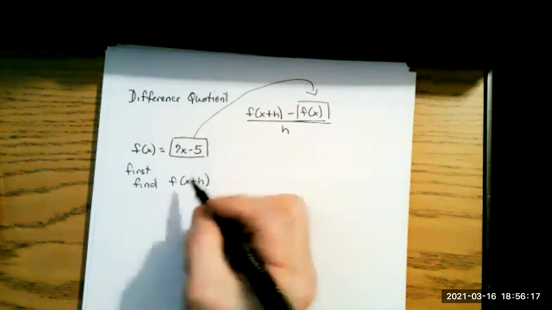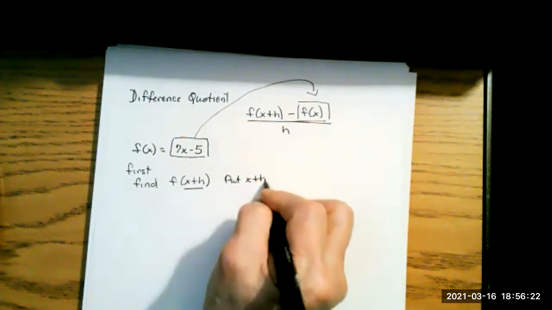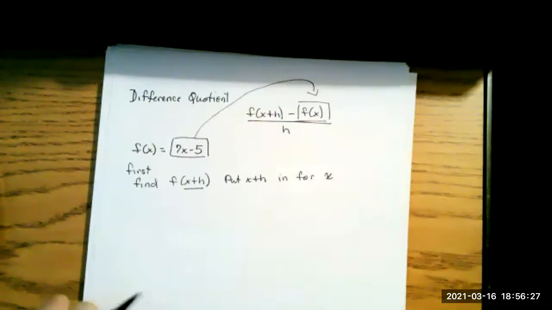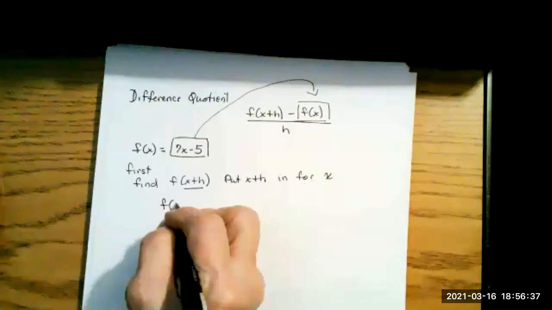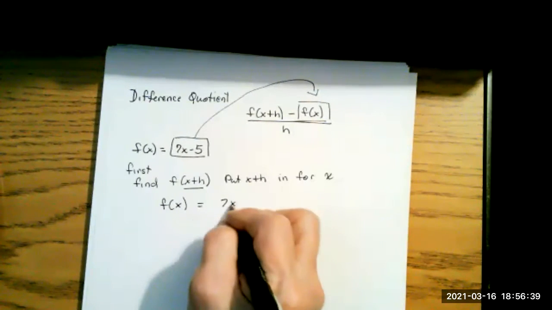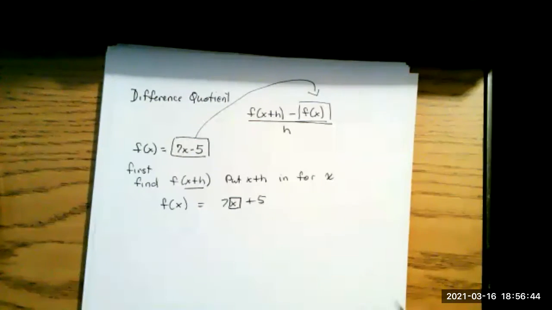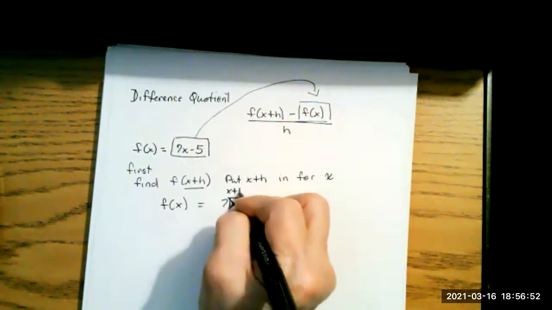All you have to do is put x plus h in for x. That's all you're doing. So in my original problem, f of x equals 7x minus 5, in this x spot right here, I'm going to take that out, and in that spot, I'm going to put x plus h.